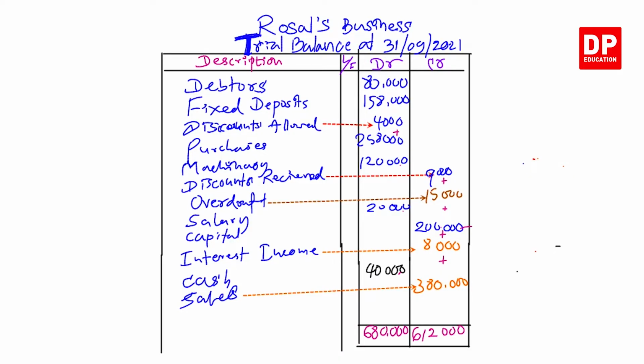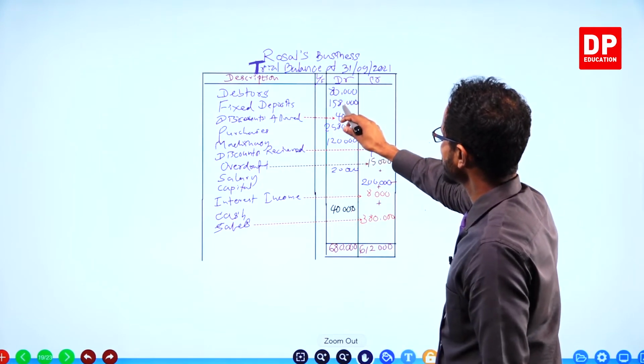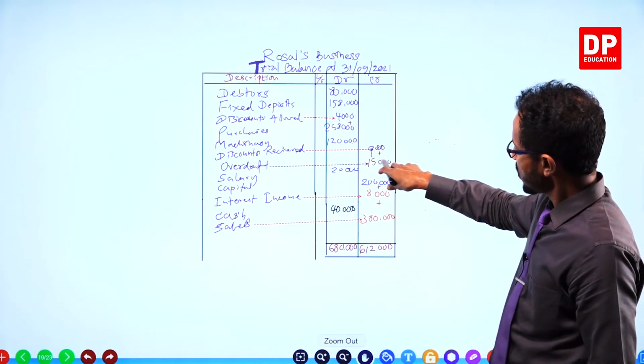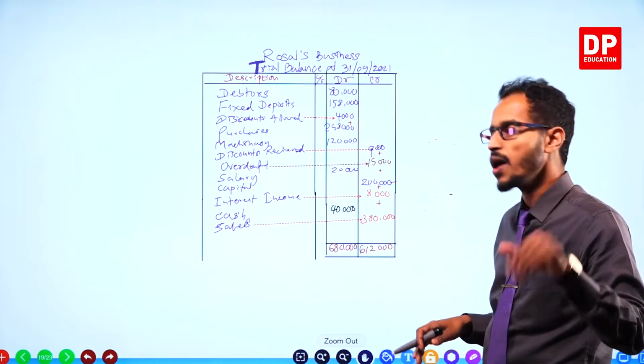Now you see, debit side we have so many entries, 1, 2, 3, 4, 5, 6, 7, 8, 9. Credit side we have only few entries. But that is not the point.